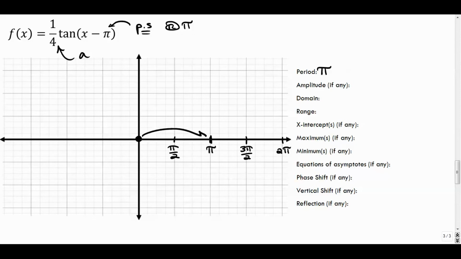So now I'm moving right π units. So now there is my first point. That's 0. And if the period is π, that means that's how long it takes to repeat itself left and right. So I need to go half of that this way and half of that this way. And those will be my asymptotes. So this is my left-hand asymptote. Try to draw it as straight as I can. It's a little hard.